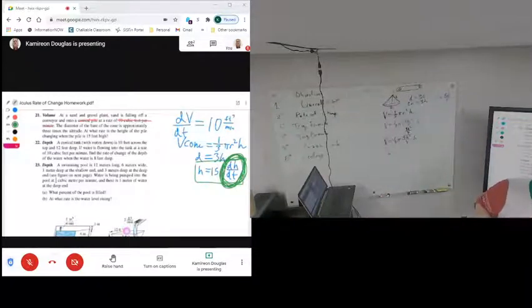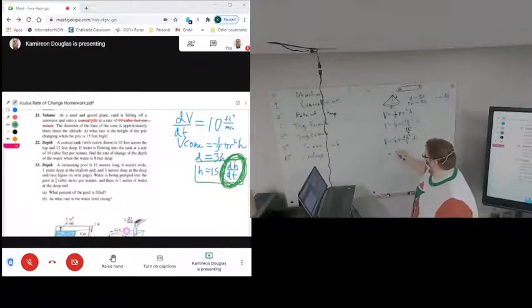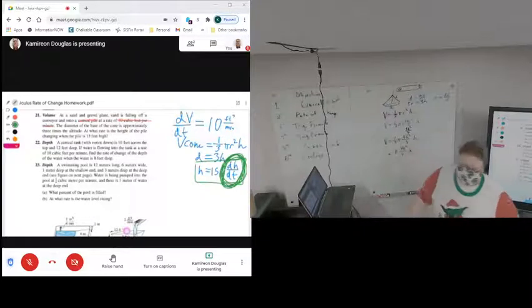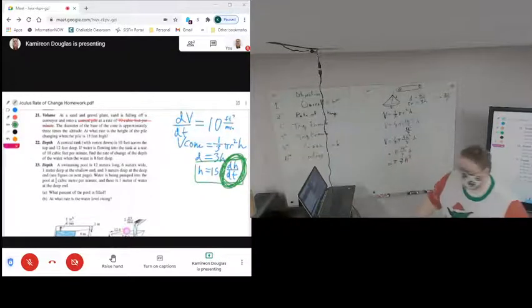Oh, 3h squared over 4, right? This becomes pi times 3h squared over 4. No, I wouldn't. Fundamentals. H squared times h. Pi 3 over 4. H squared times h would be h cubed. Fundamentals.